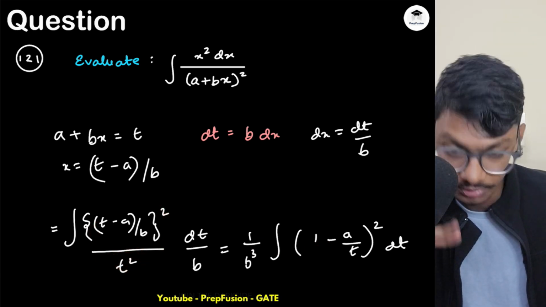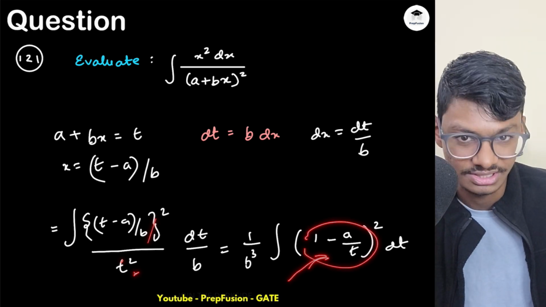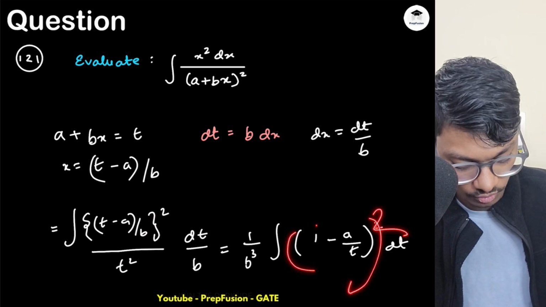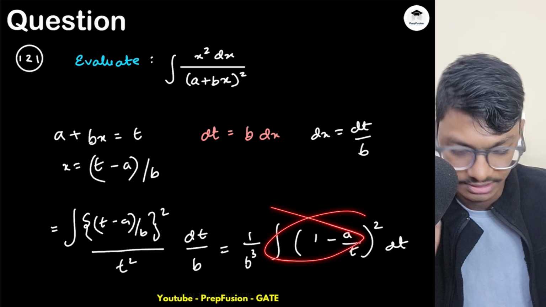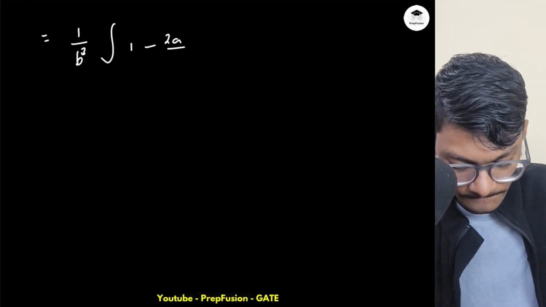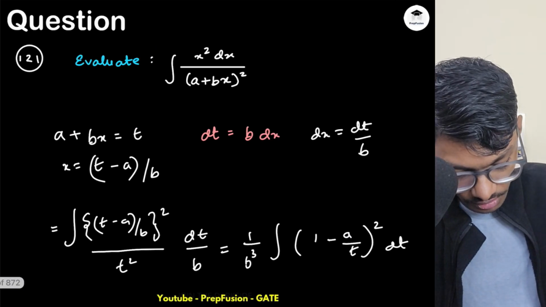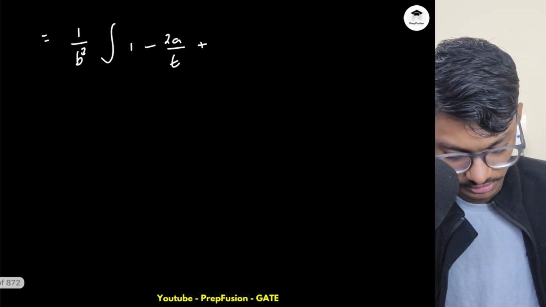Both of them are square, so I can take this t square inside, so this will become just t inside this whole bracket, whole square. So t by t is 1 minus a by t. That is what I have written over here, to write as few things as possible. This is 1 minus 2a by t, and this is plus a square by t square.